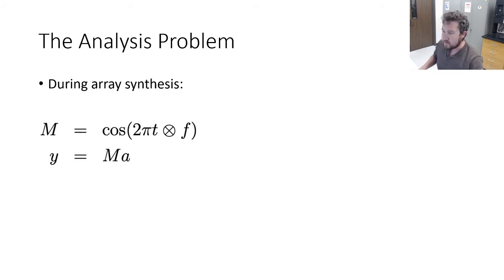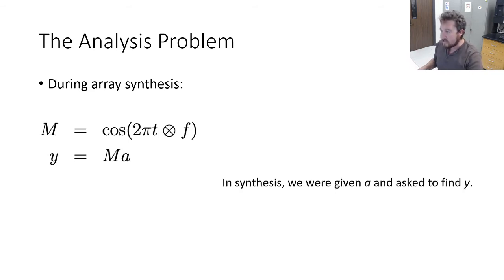So during array synthesis, we did this. We created our matrix M that had all of the possible values of our cosine waves at the different frequencies, and then we set y equal to M times A, using the dot product to find out what our y's were. In synthesis, we were given A and asked to find y. In analysis, we're going to go backwards.